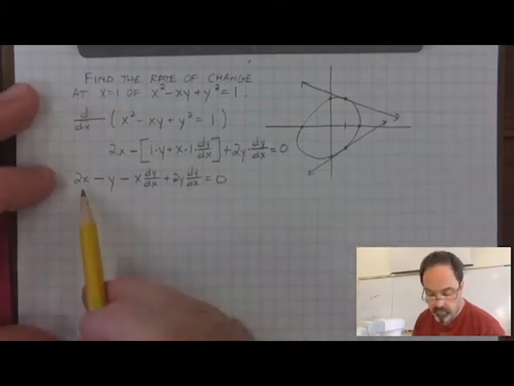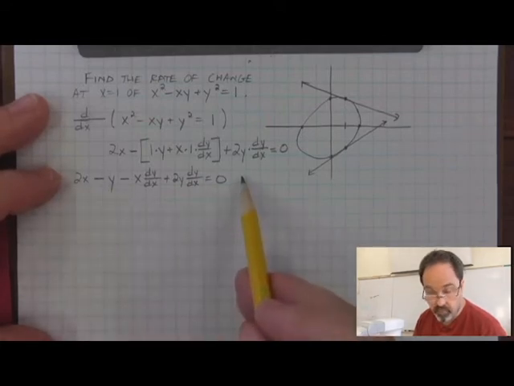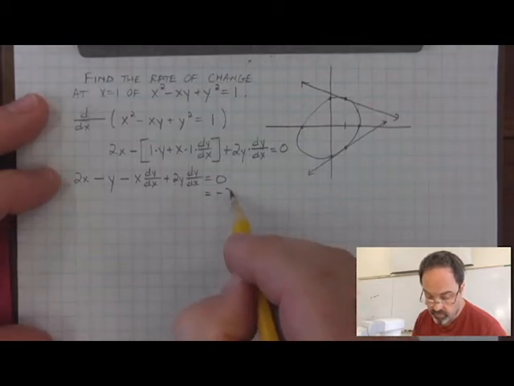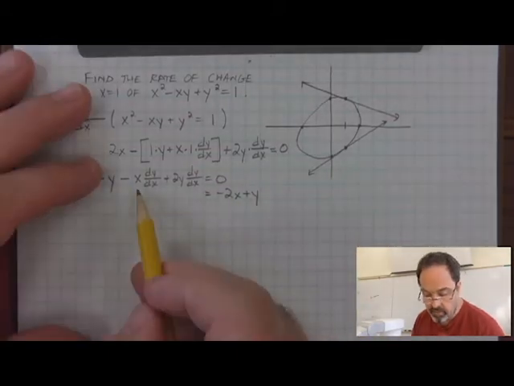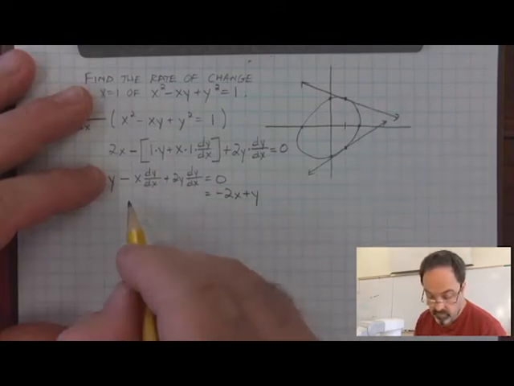Now I'm going to move the 2x and the negative y to the other side of the equation. So on the right side, I'll get minus 2x plus y, which will cancel them here. And on the left side of the equation, I'm going to factor out a dy over dx.